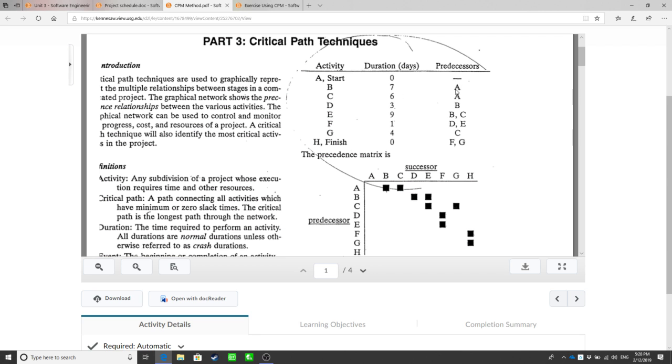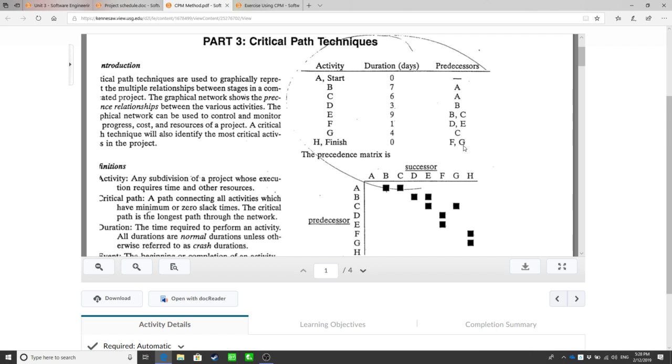And then B has the predecessor A, which means you cannot start doing B until you finish A, right? Here is another example: we have activity E, which takes 9 days to finish, and E has predecessors B and C, which means both B and C have to be finished by the point you start E. Okay, that's called predecessors.